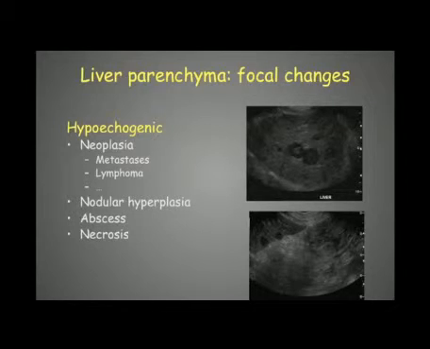We can also have hypoechoic lesions. Those hypoechoic lesions, like we can see here, can have multiple differentials. They can be neoplastic, so metastasis, but also some primary neoplasia such as lymphoma. We can also see that with nodular hyperplasia and sometimes some cases again of necrosis or abscess.